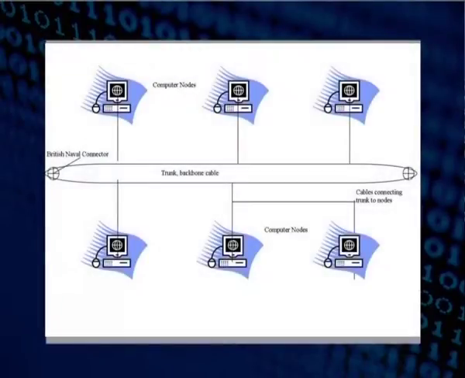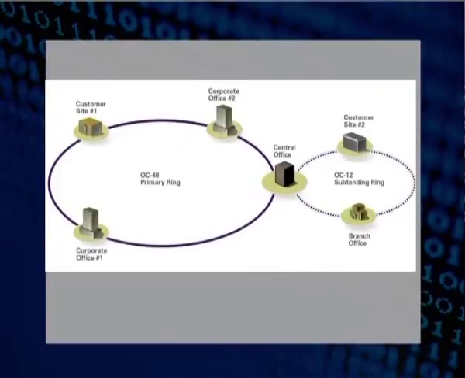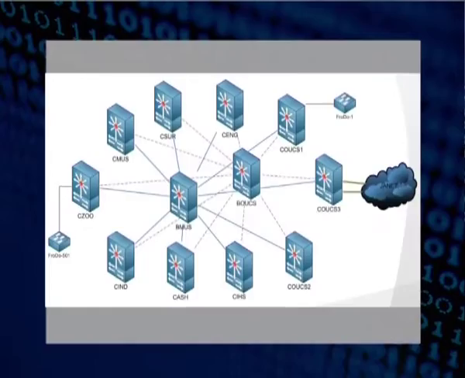In general, a LAN uses only one type of transmission medium. The most common LAN topologies are bus, ring, and star. Early LANs had data rates in the range of 4 to 16 megabits per second.